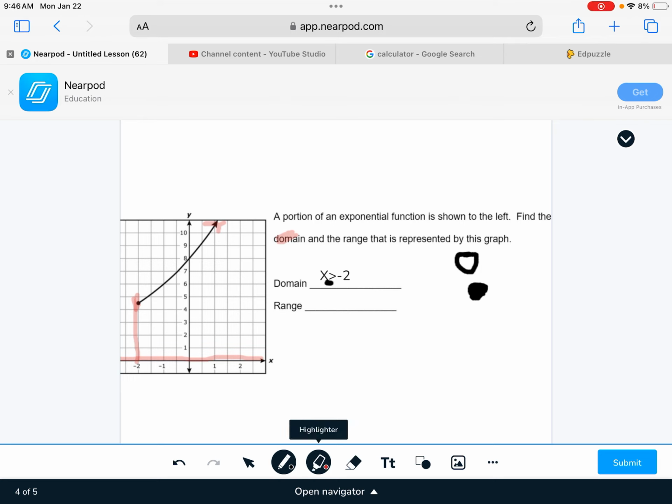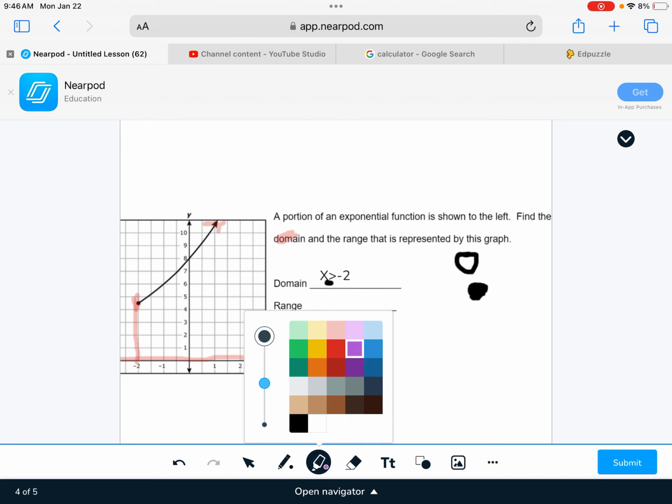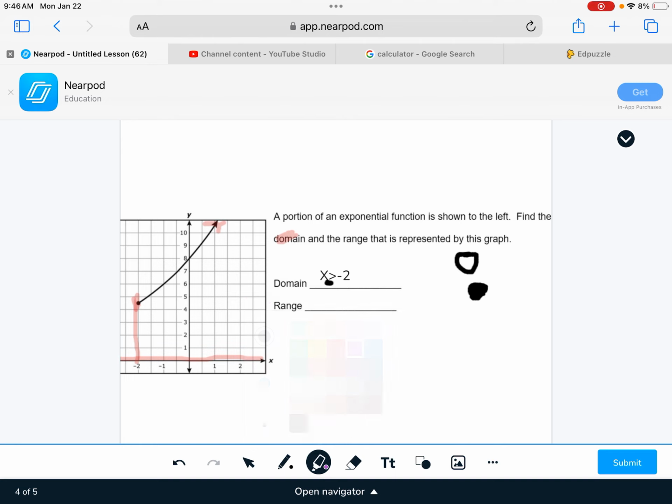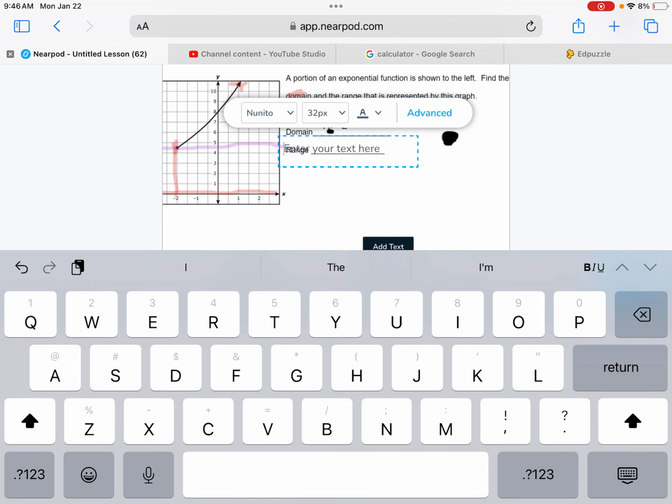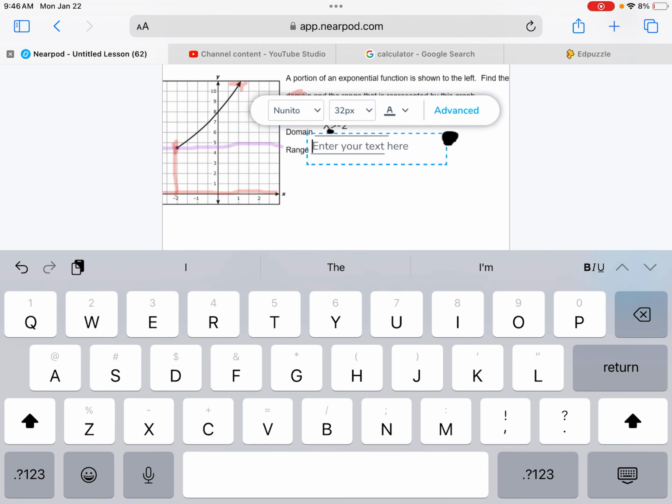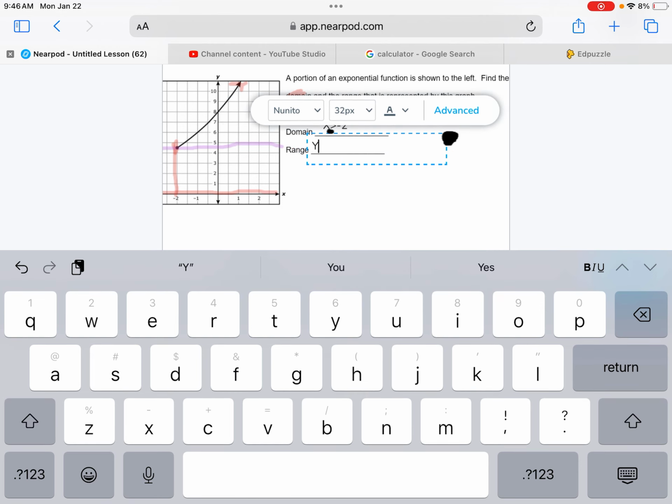The range, on the other hand, got a little bit of an issue. It's kind of in between, isn't it? It's not exactly 4, it's not exactly 5, but the point is it doesn't go beneath it. So I'm gonna say it's about 4.5, and that's what I'm gonna go with. Y is being compared to 4.5.